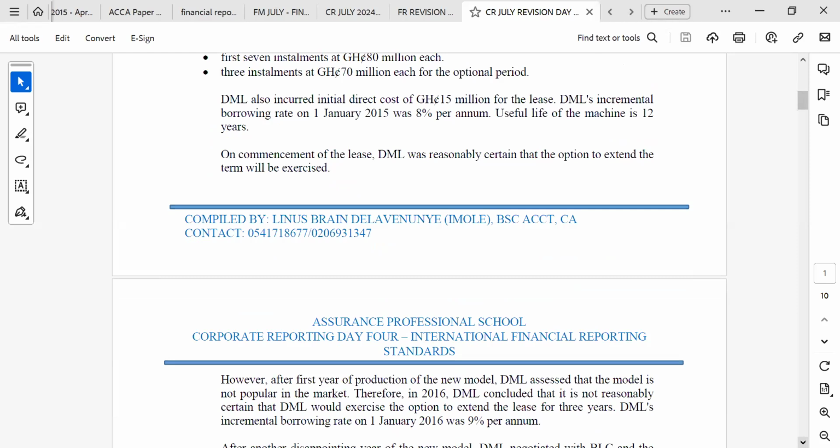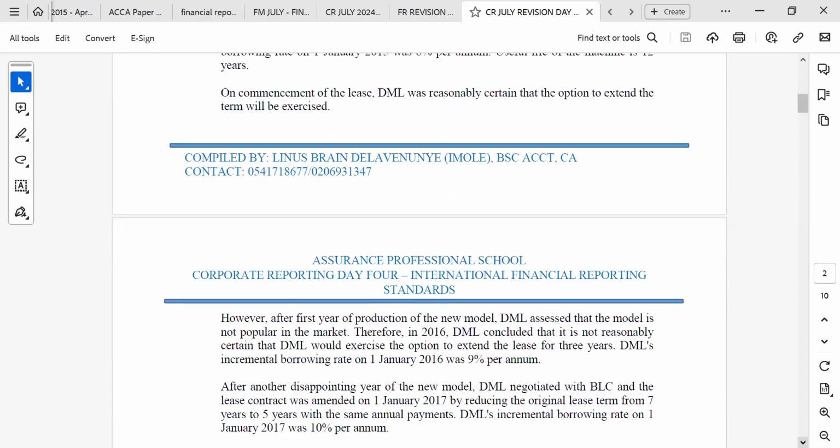However, after the first year of production of the new model, DML assessed that the model is not popular in the market. Therefore, in 2016, DML concluded that it is not reasonably certain that DML would exercise the option to extend the lease for 3 years.